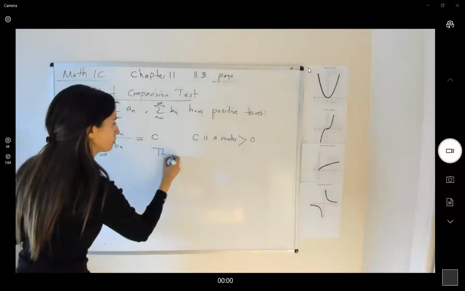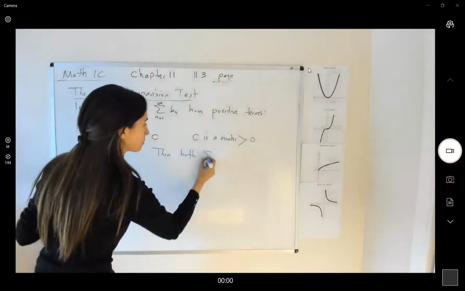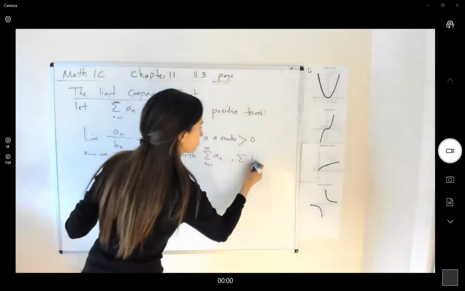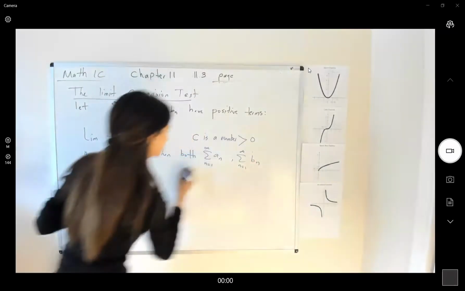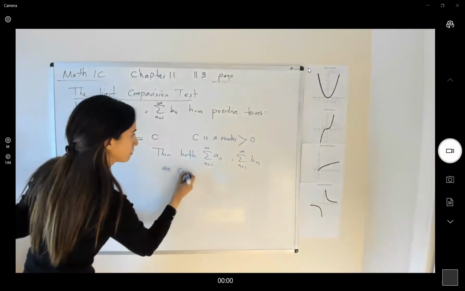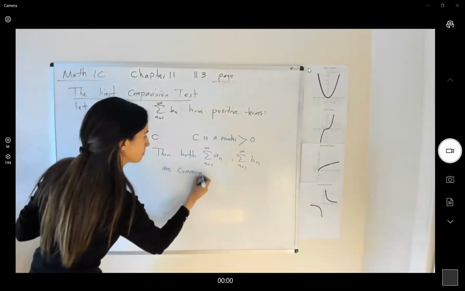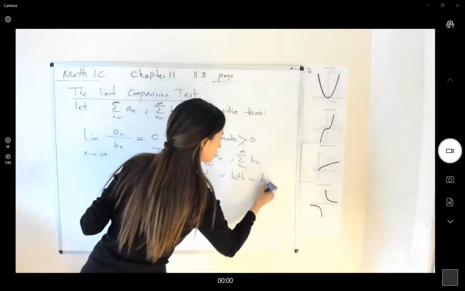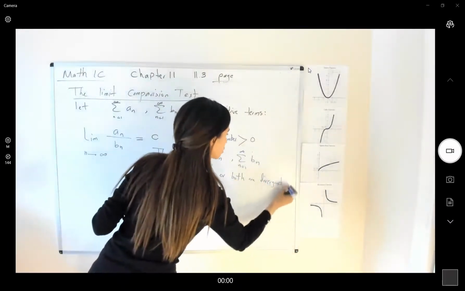Then both series a_n and series b_n are convergent or both are divergent.